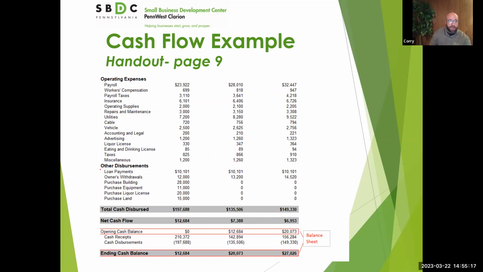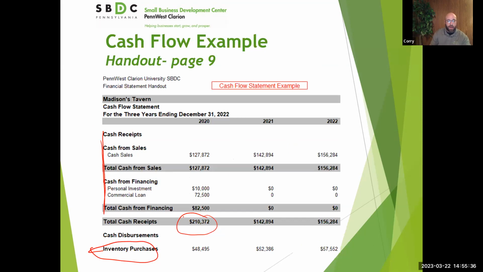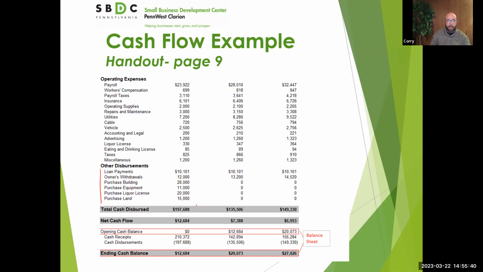We also have other disbursements: our loan payments for the year, our owner's withdrawals for the year, and our asset purchases for the year, all cash going out. And when we take the amount I circled right here, our cash coming in, minus all of our cash going out, we are left with our net cash flow.